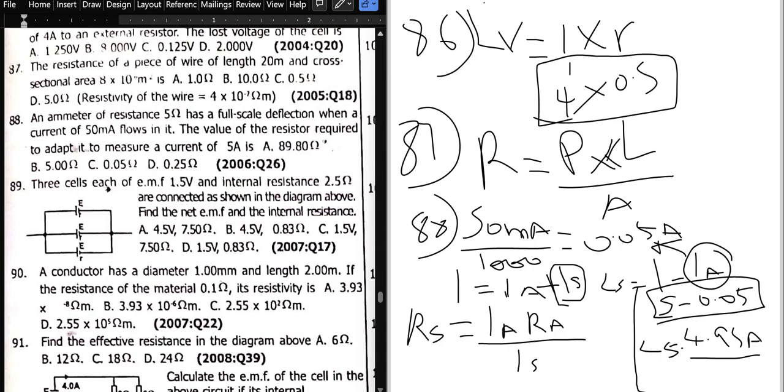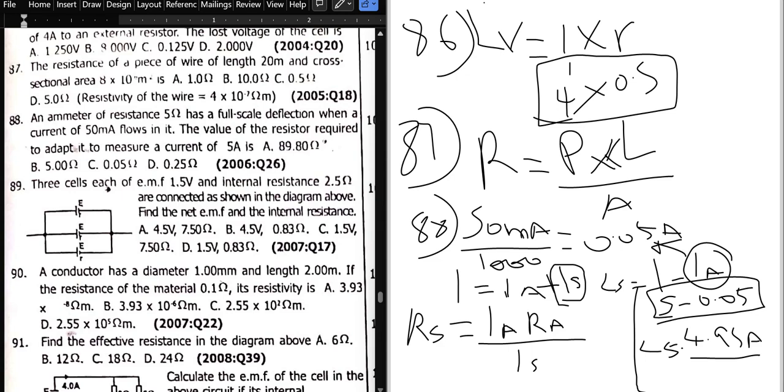Now IA is what? IA is 5, Ra is also 5. Oh, sorry.